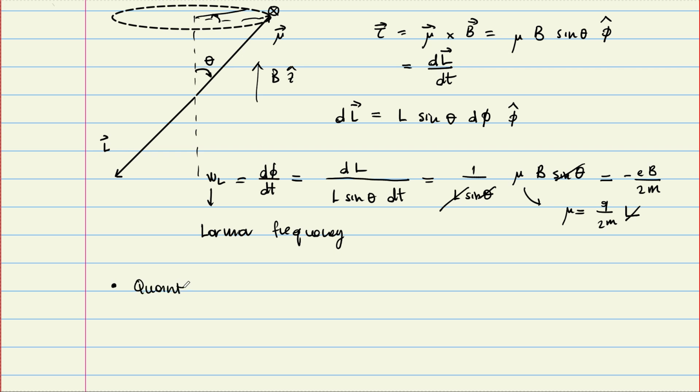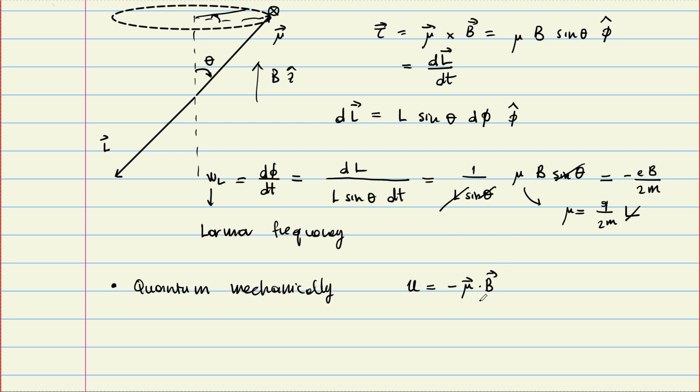So quantum mechanically, we said, okay, mu was coupled to external B like this, mu dot B, and we said this is an additional term in the Hamiltonian.